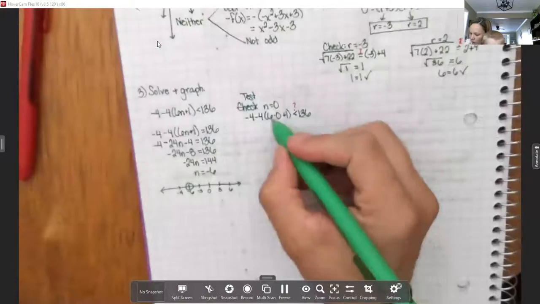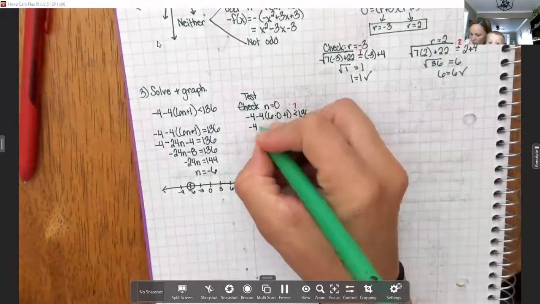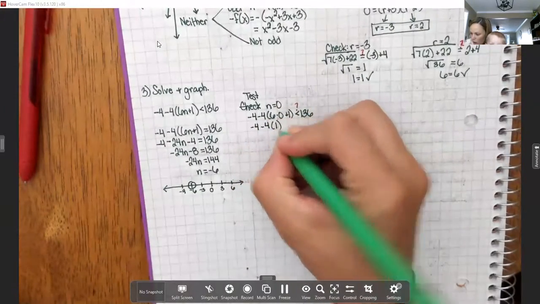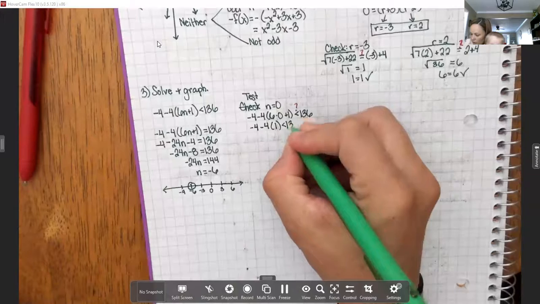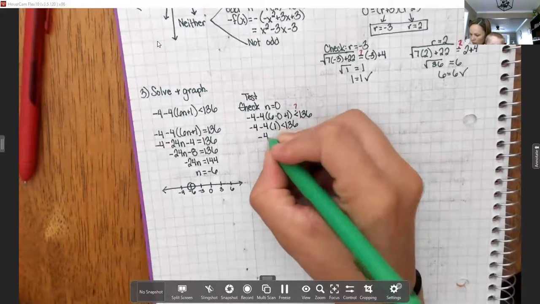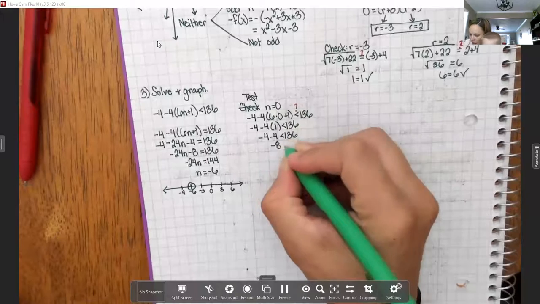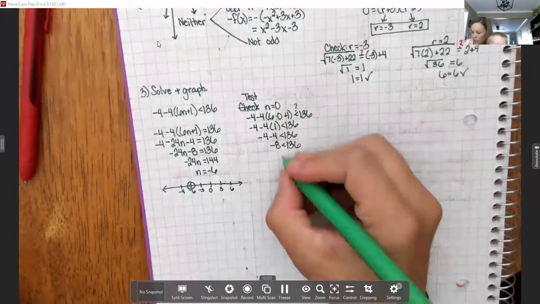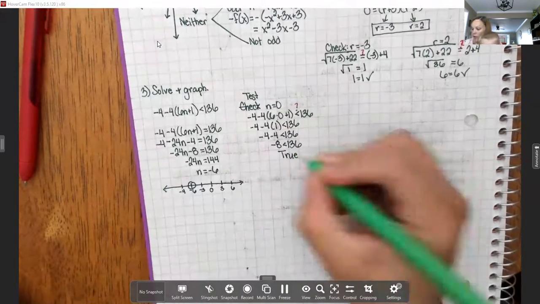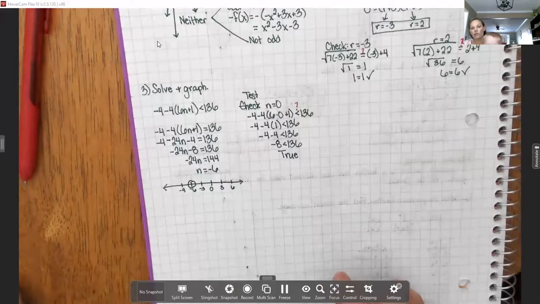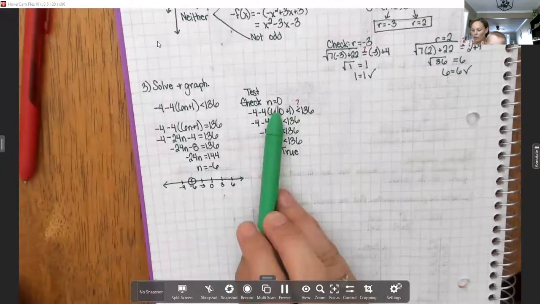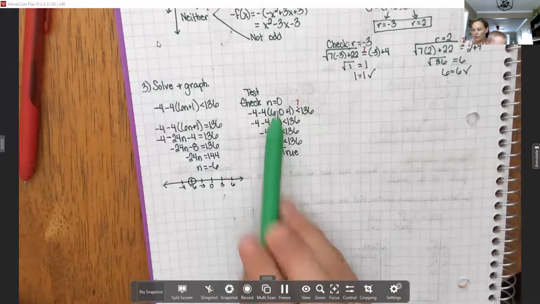So in my parentheses, I get 1, so I have -4 minus 4 times 1, less than 136. Negative 4 minus 4 is less than 136. Negative 8 is less than 136, which is true. So that tells us we shade where 0 is, since it's true.